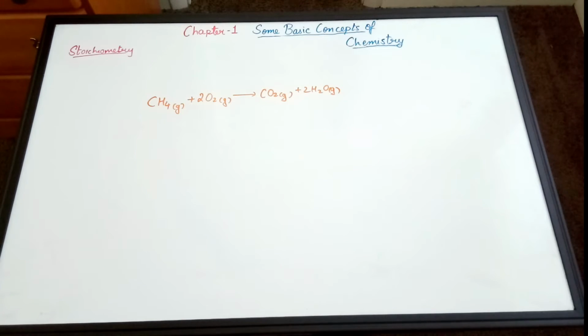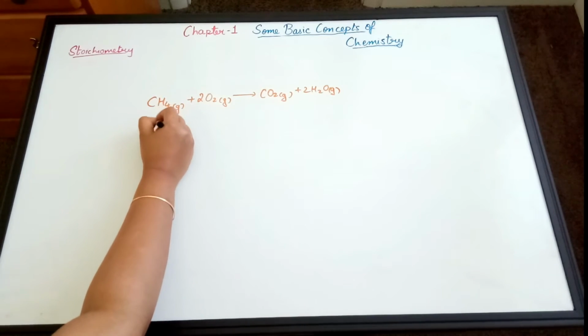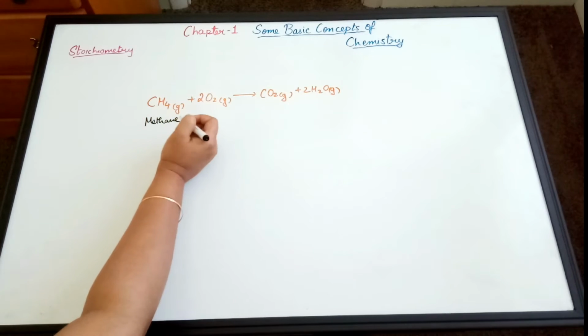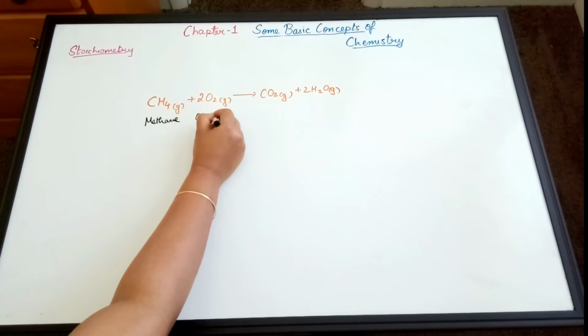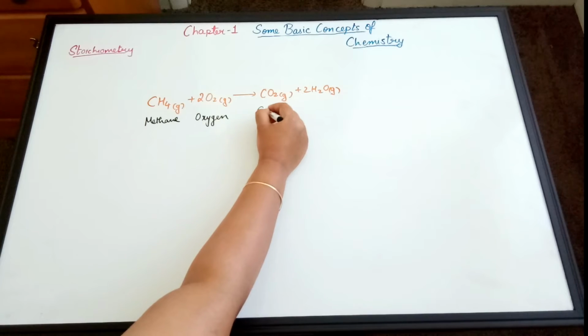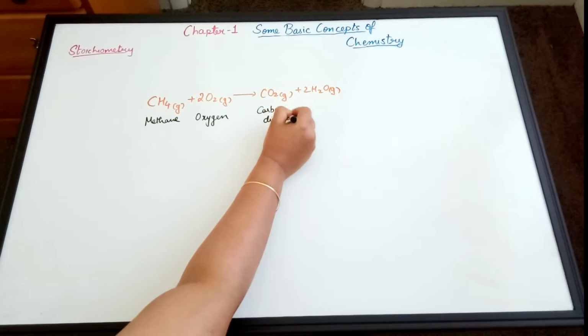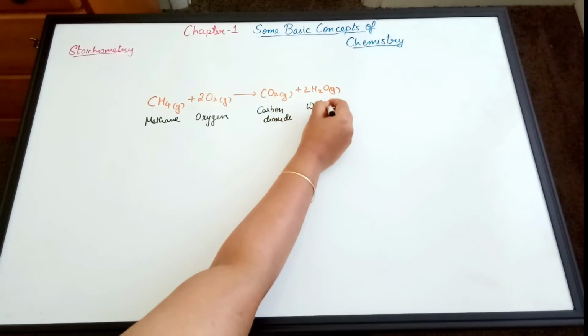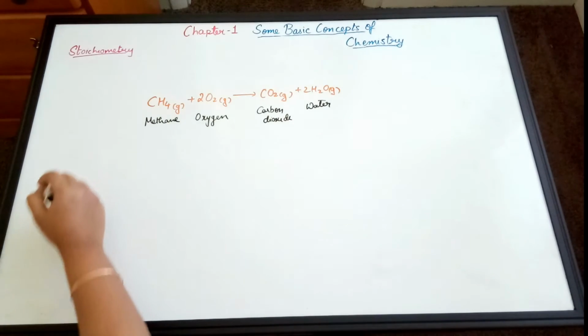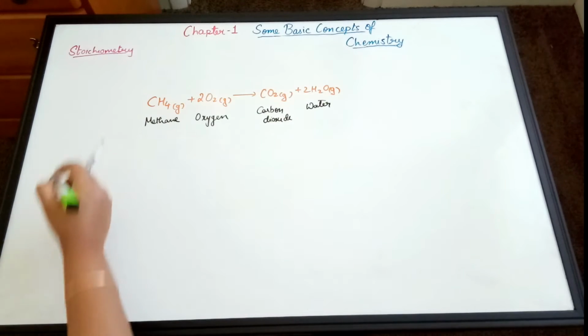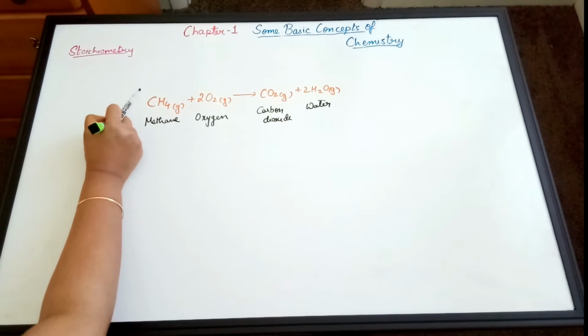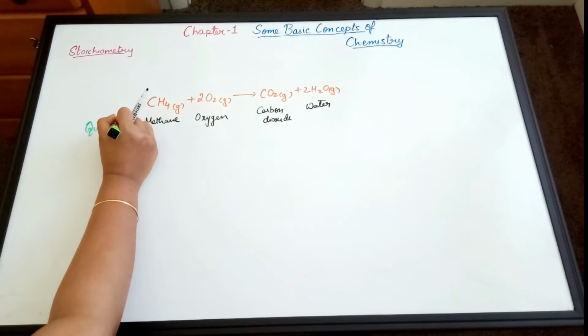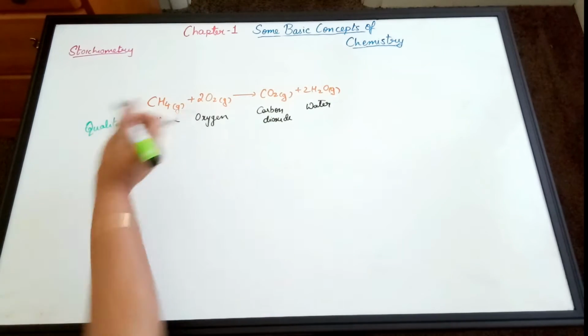Qualitatively we get to know what the various substances are which take part in a chemical reaction. Here we know it's methane, oxygen, giving rise to carbon dioxide and water. This is the qualitative information that we get from a chemical reaction.